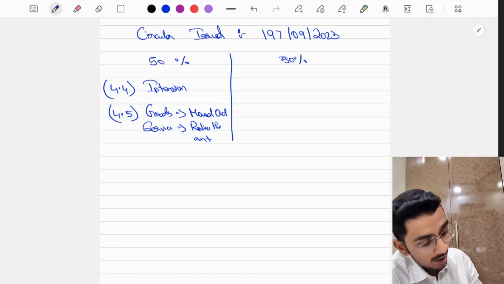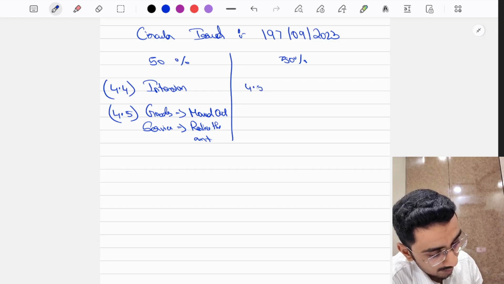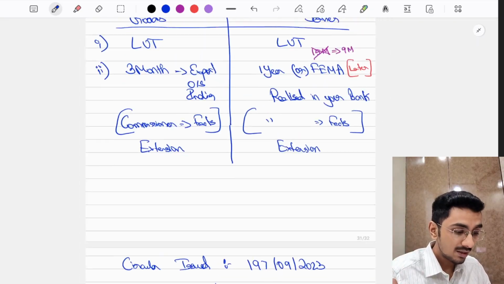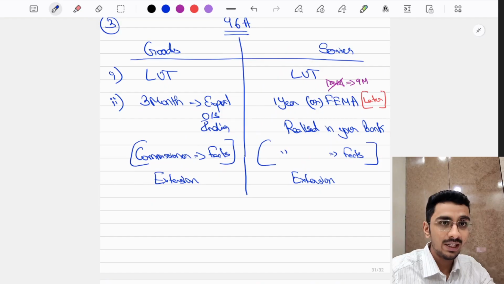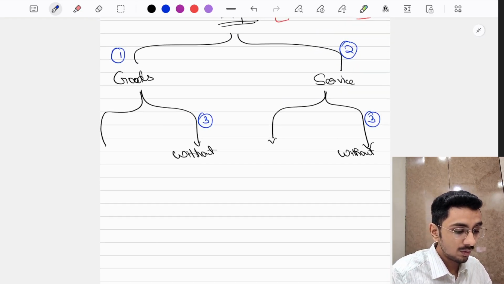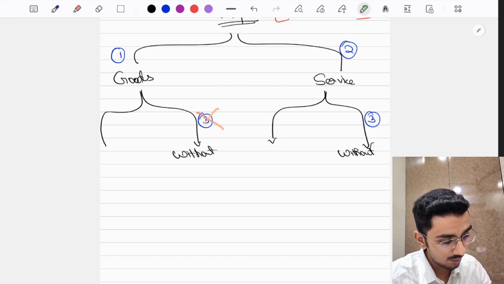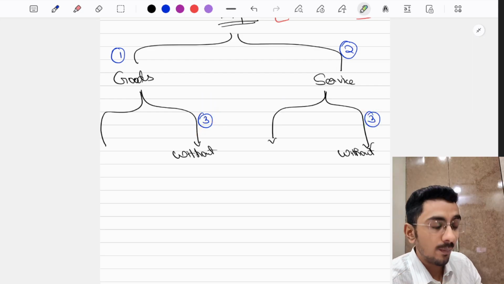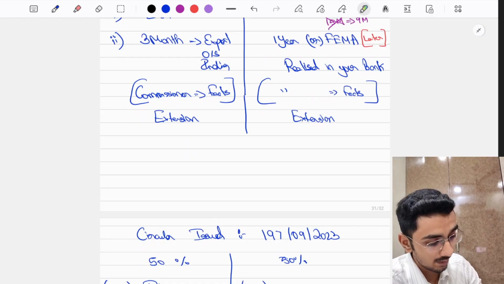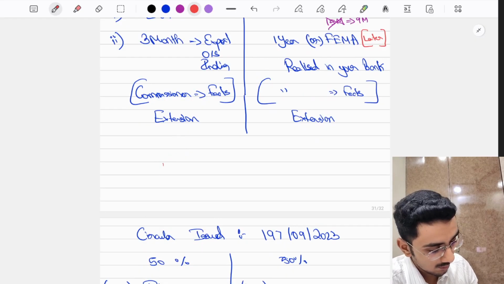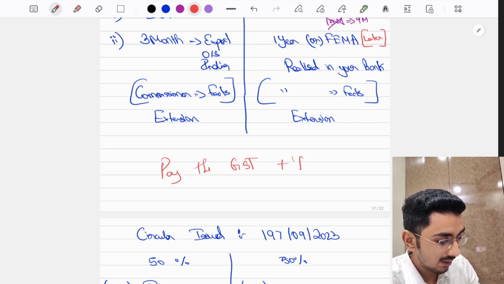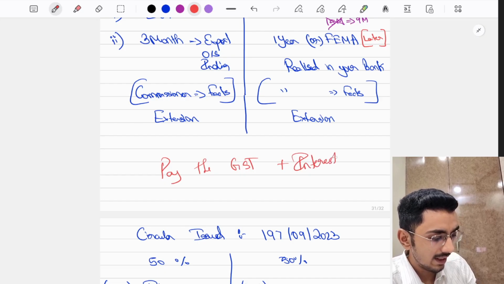Now, if you come to para 4.6, you will understand that, as I mentioned earlier, once you are not able to satisfy rule 96A, you will be liable to pay the GST plus the interest.